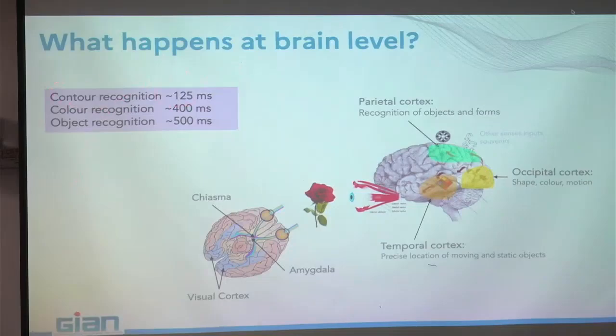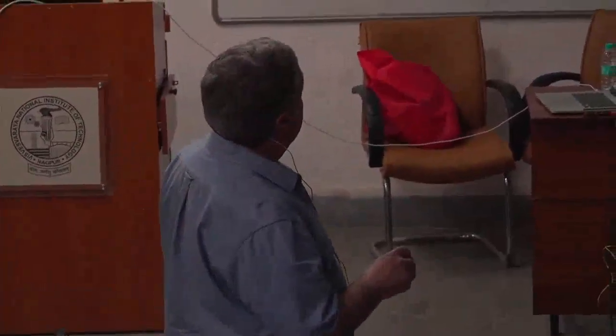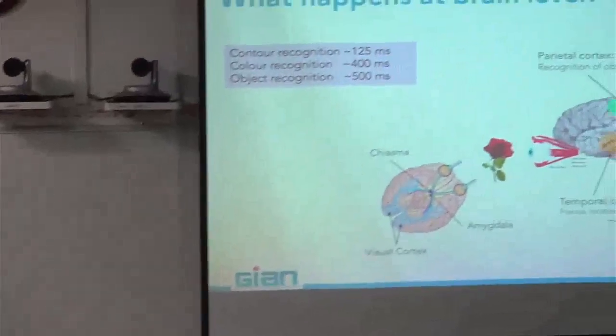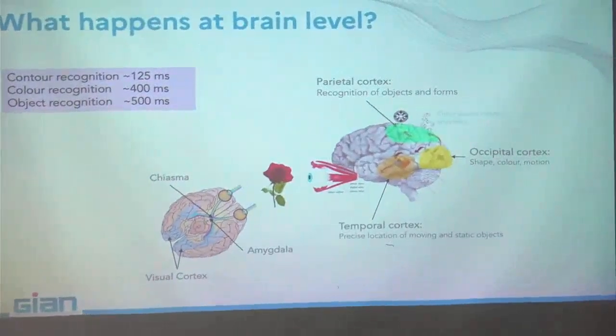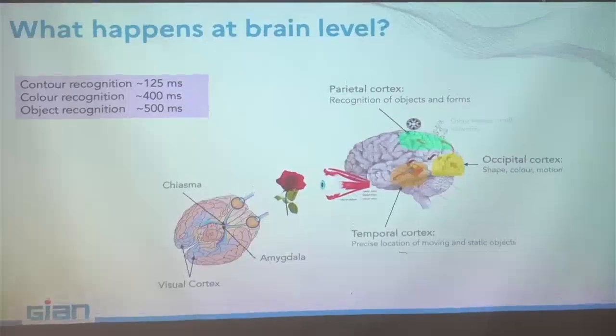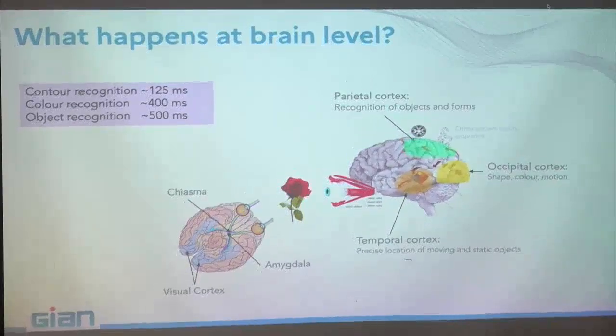In fact, the brain is trained to recognize contours very rapidly. You need 25 milliseconds to recognize a contour. You need 400 milliseconds to recognize a colored object. Color came later to our species, and it is a slower function. And finally, you need almost half a second to recognize an object, to see, I see a red rose.